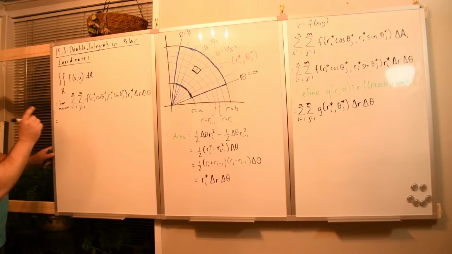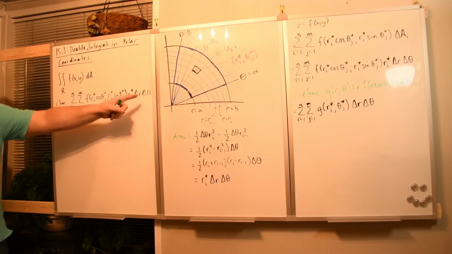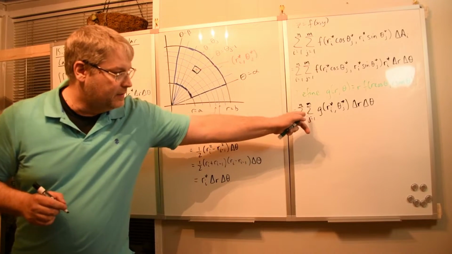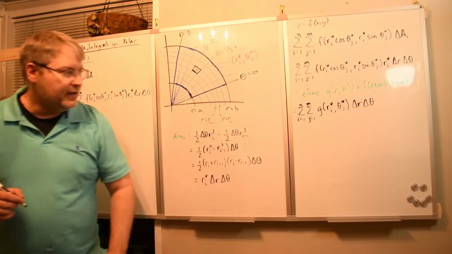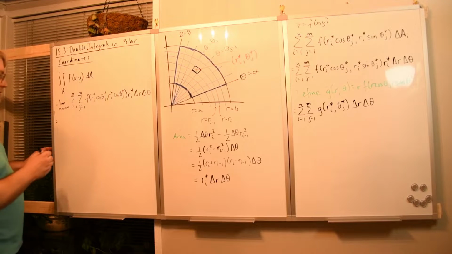But check it out. This we already said was the same thing as this double summation of g of r i star theta j star delta r delta theta.